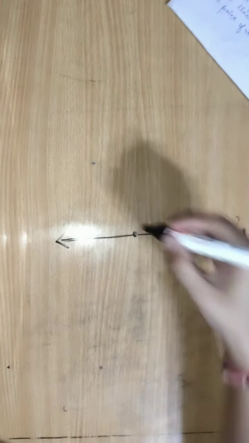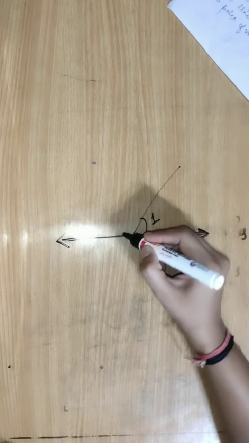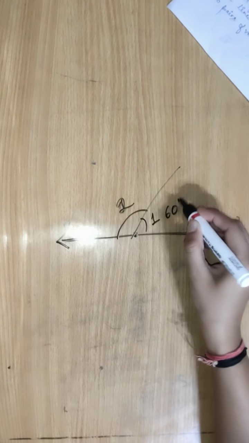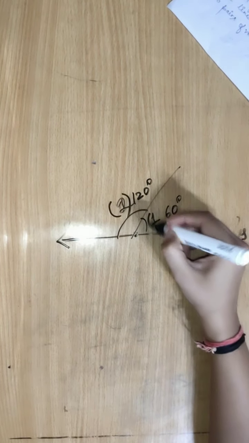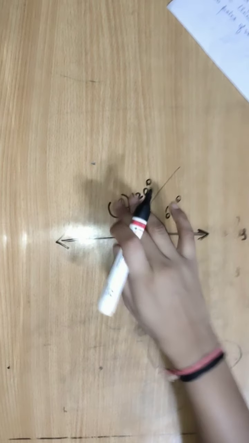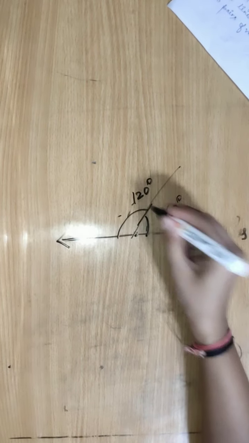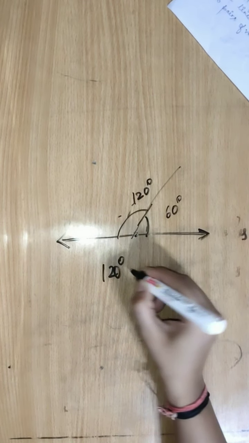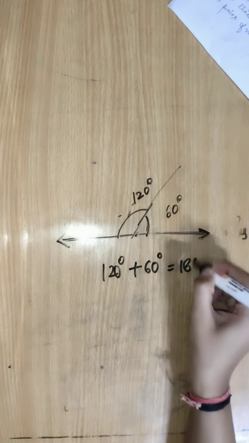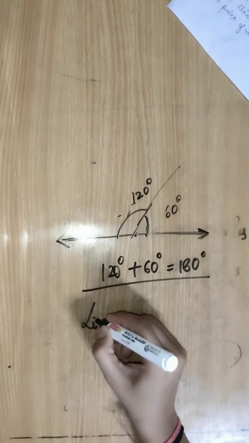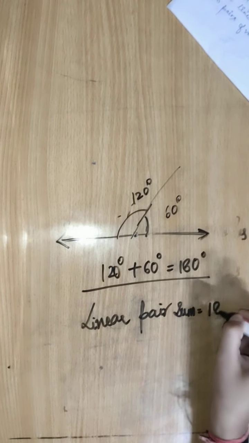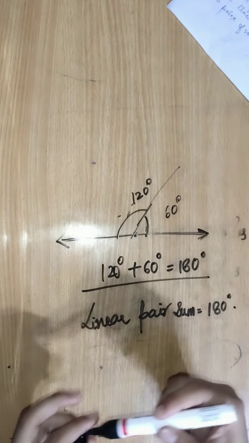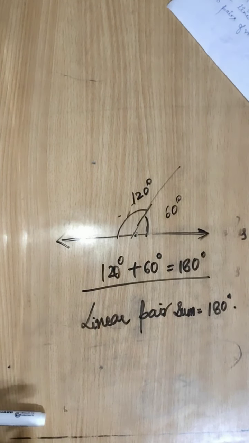When we sum the angles of this pair, for example this is 60 degrees and this is 120 degrees, the sum will be 120 degrees plus 60 degrees equals 180 degrees. So the linear pair sum is 180 degrees, and the non-common sides are in the opposite direction.